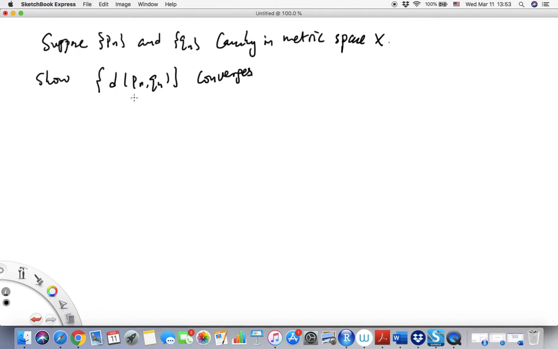To show this converges, it's equivalent to showing this is a Cauchy sequence. So why does this converge?